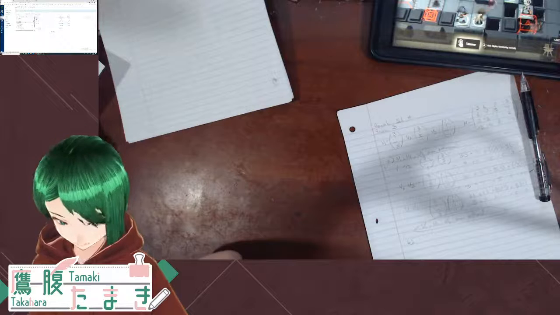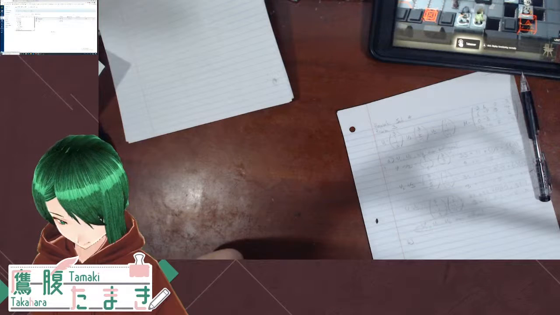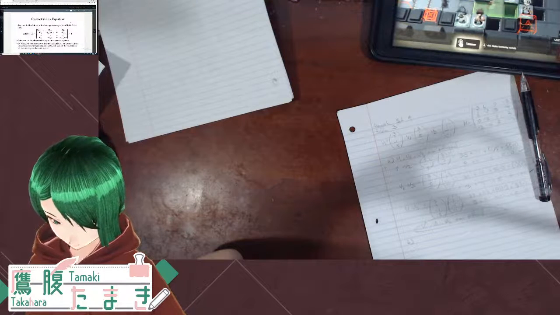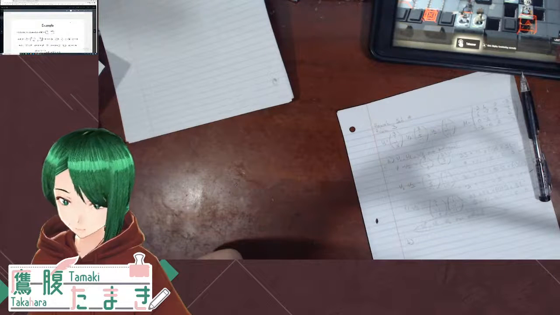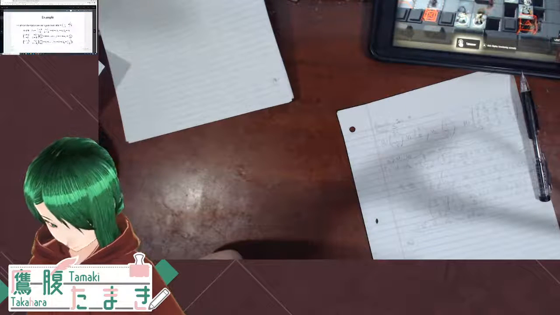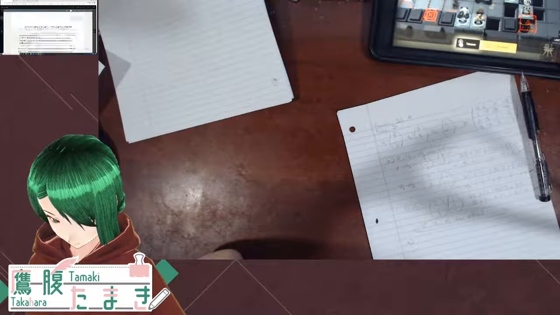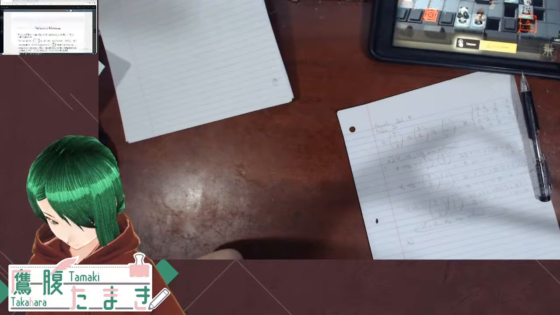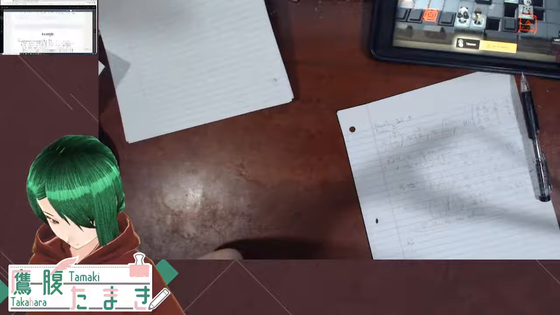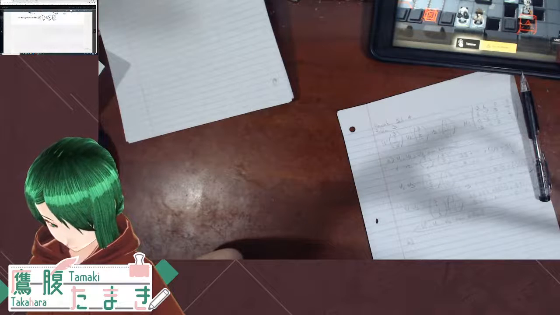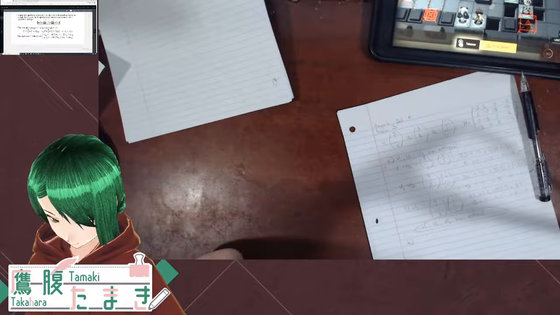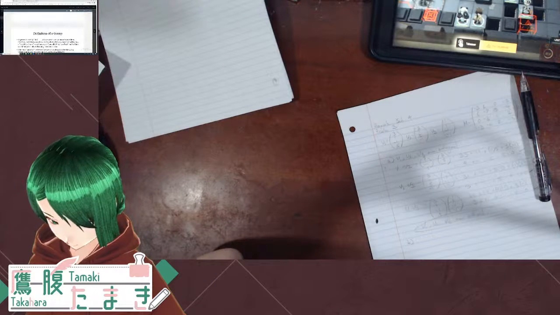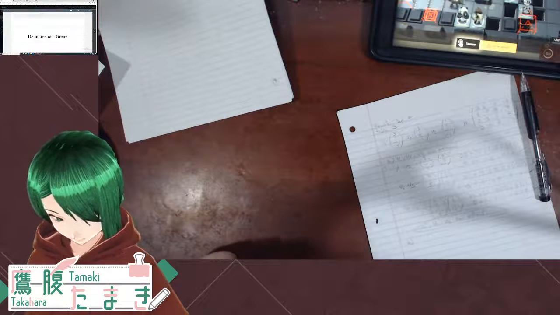Let's see. Eigenvalues. Alright, so definition of group.